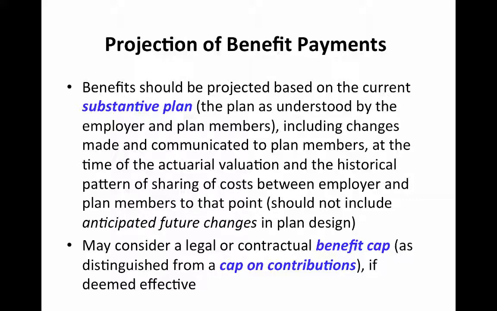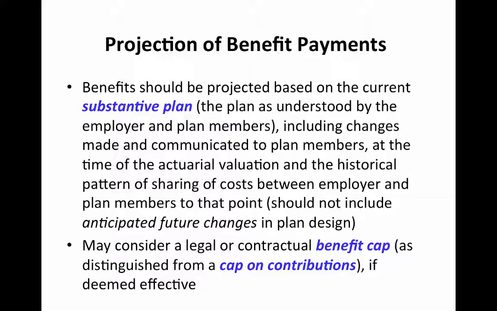Now, that projection may include a benefit cap, meaning some provision that says the benefits are limited to a certain amount. Maybe the employees can't receive health benefits that exceed $10,000 a year, because that certainly would limit how much the government is on the hook for if the benefits aren't unlimited, but are capped at a certain level.